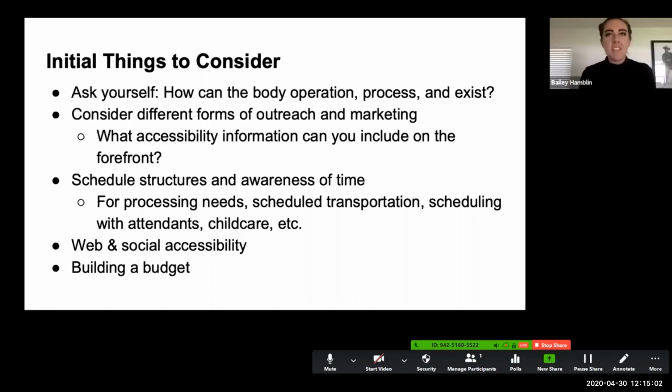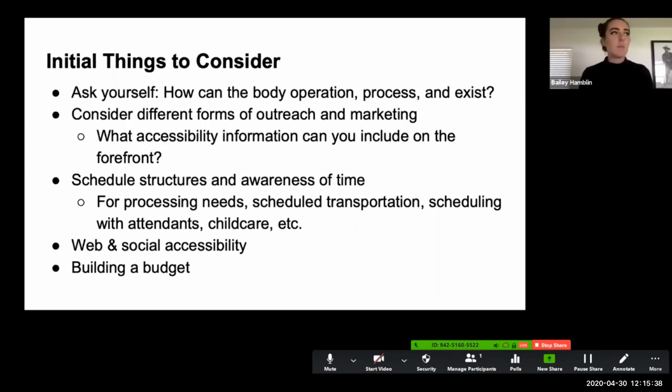There's this thing called crip time, if anybody has heard of that. The disability community is reclaiming the term crip or cripple and identifying that way. Crip time refers to the concept that folks with disabilities operate on a different kind of time than non-disabled folks, because it takes so much longer to do the planning for getting to things, and then you can have unexpected flares of symptoms and getting sick.